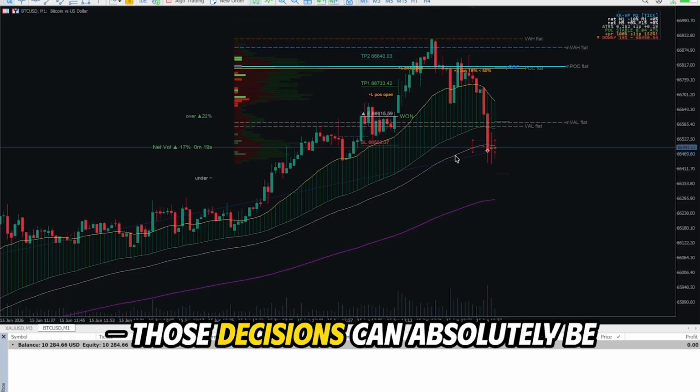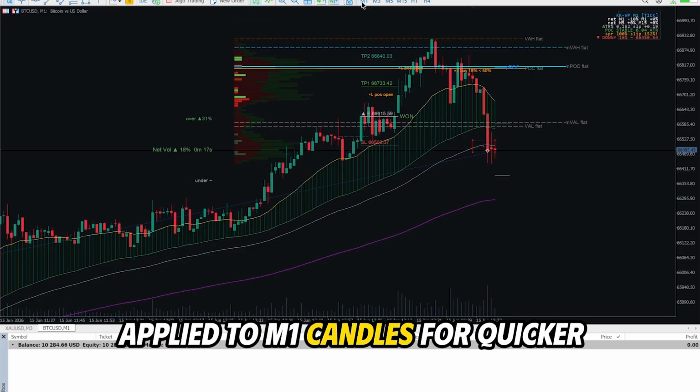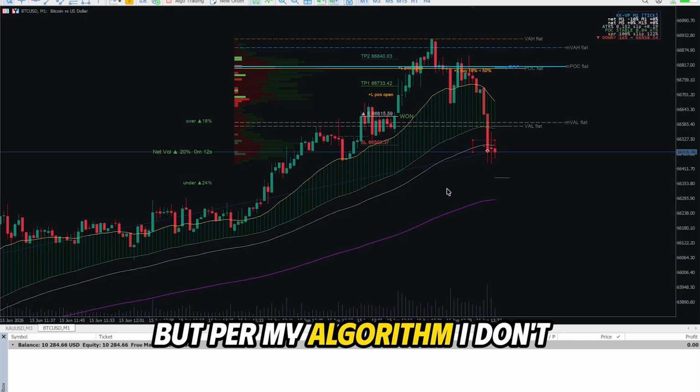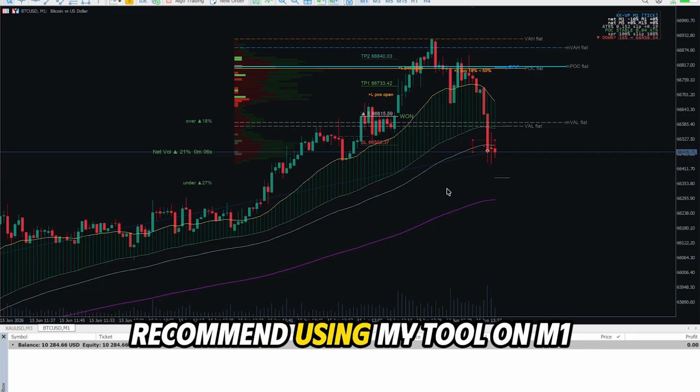Those decisions can absolutely be applied to M1 candles for quicker decisions. But per my algorithm, I don't recommend using my tool on M1 candles.